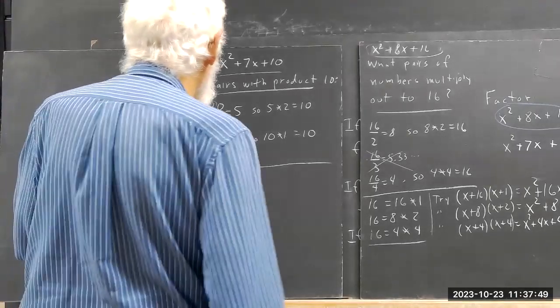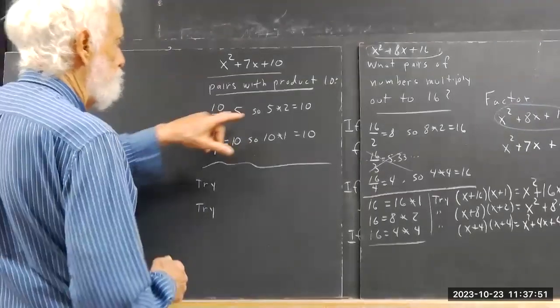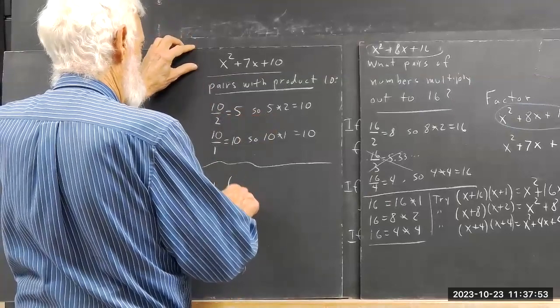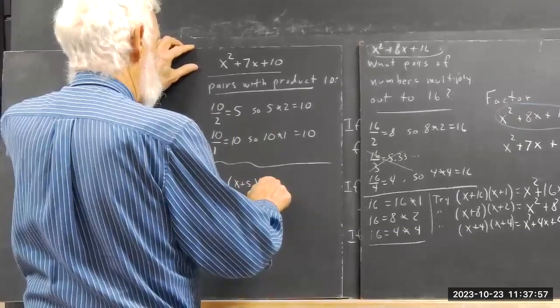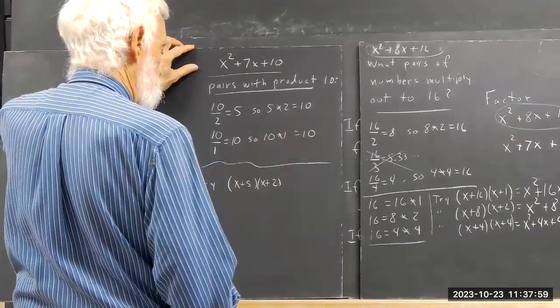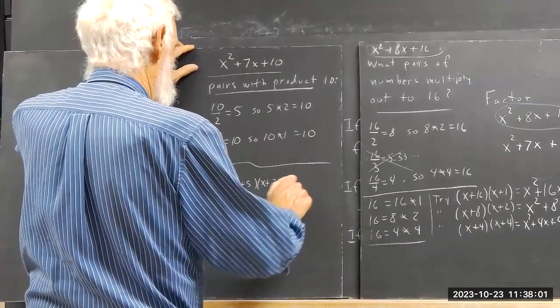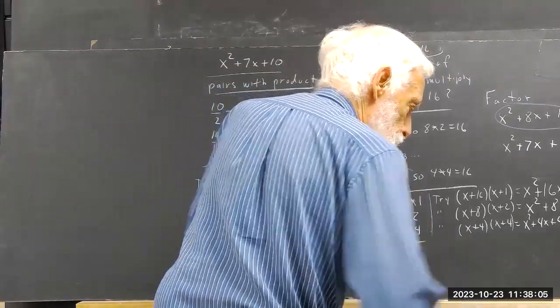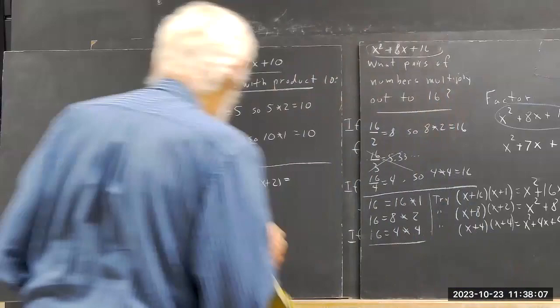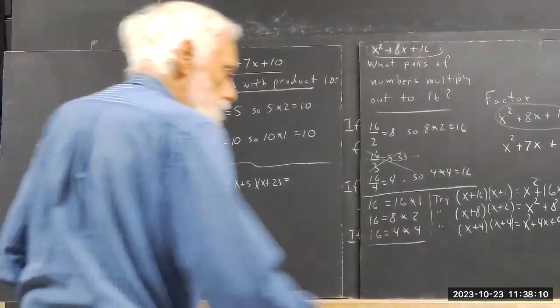Okay, so we're going to try 5 and 2. Maybe I ought to not anticipate too much.